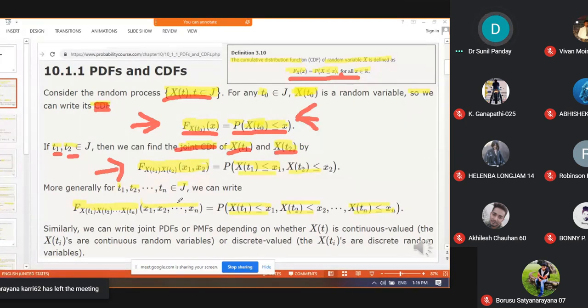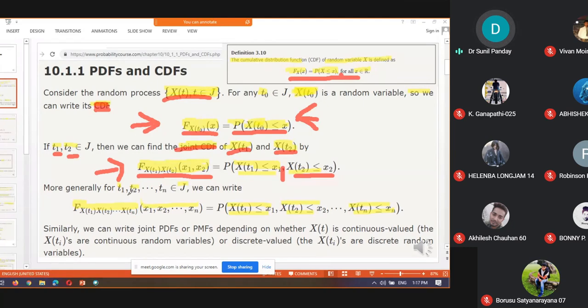This is how we represent the joint distribution function of the two random variables X(t1) and X(t2), defined as the probability that X(t1) is less than or equal to x1, comma, X(t2) is less than or equal to x2. This comma represents the intersection of these two events.